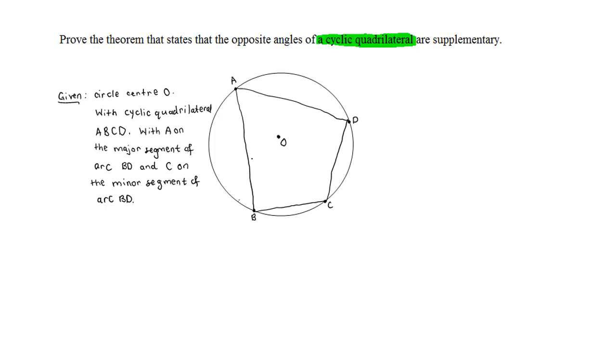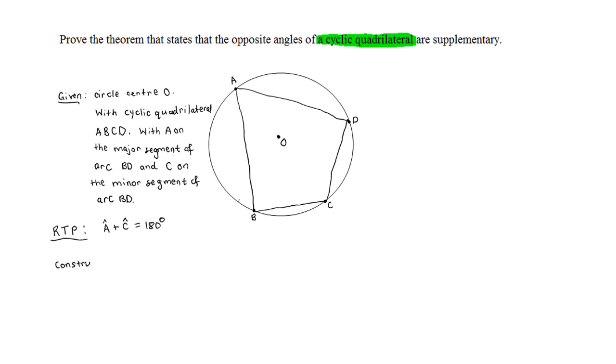So what are we required to prove once we have this diagram? We're required to prove that angle A plus angle C is equal to 180 degrees. So the opposite angles of the cyclic quadrilateral are supplementary. So let's think about the constructions that we're going to make in order to prove this.